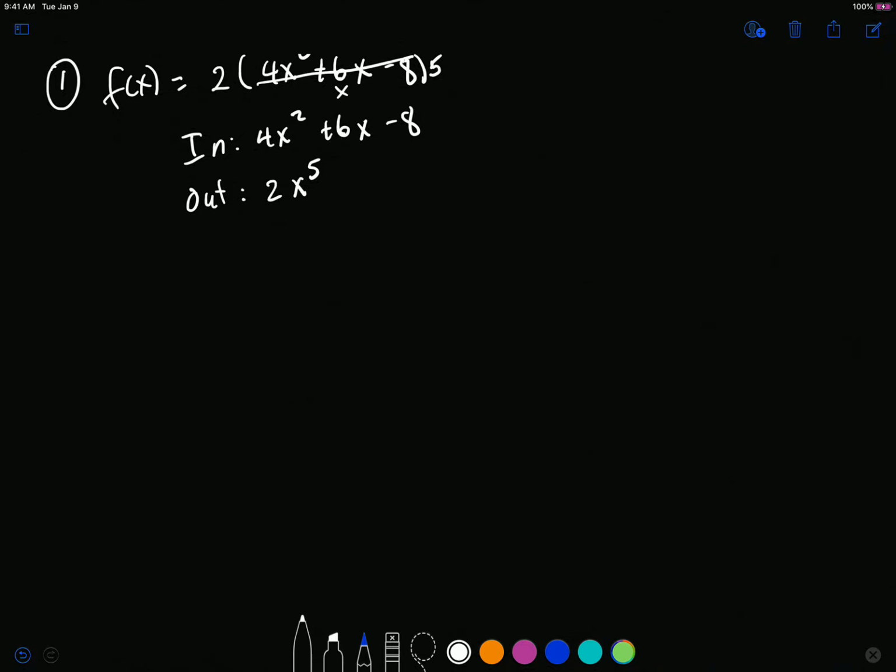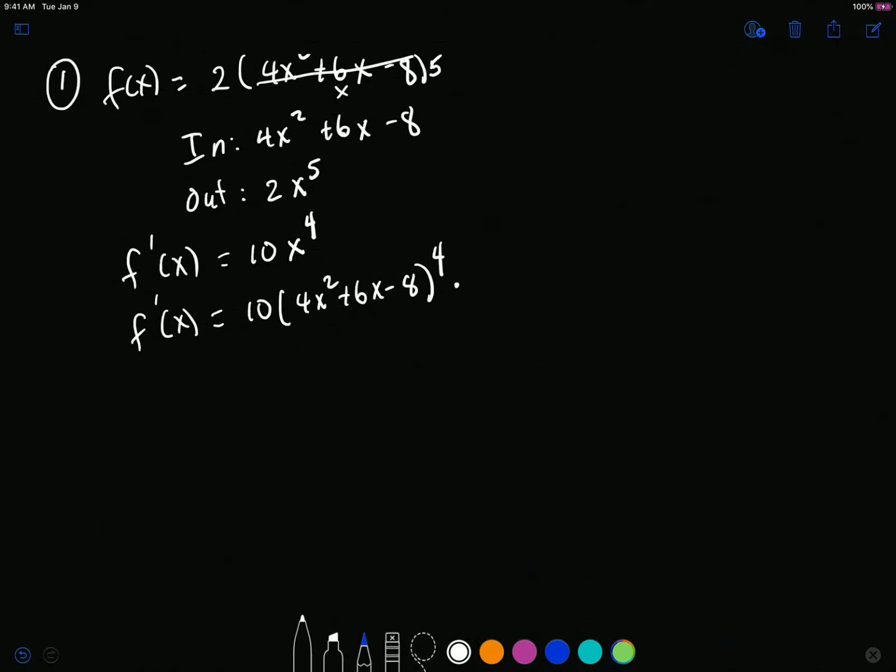Now, we have to build a derivative from here. The first thing is we take the derivative of the outside function, which is 10x to the 4th power. Then we plug the inside function back in, so that's 10 times (4x squared plus 6x minus 8) raised to the 4th power.